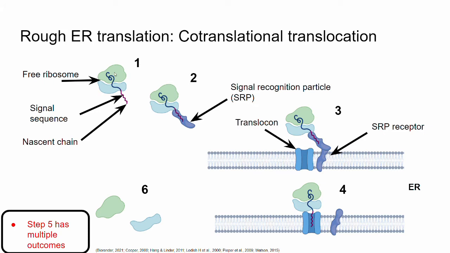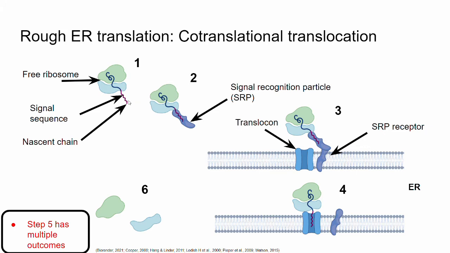Okay, so basically, again, first the protein is produced. When the protein is produced, we will definitely have a signal sequence. If there is no signal sequence, then the whole process will continue and finish completely in the cytoplasm, like the cytoplasmic translation that I just talked about. But for cotranslational translocation, there will always be a signal.